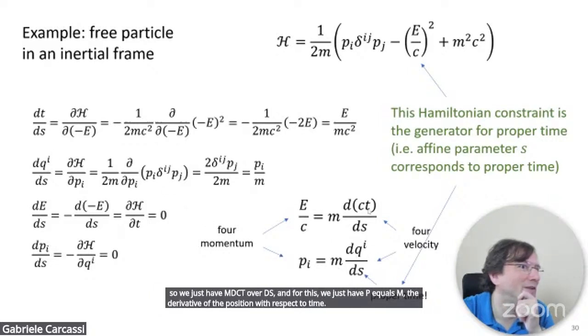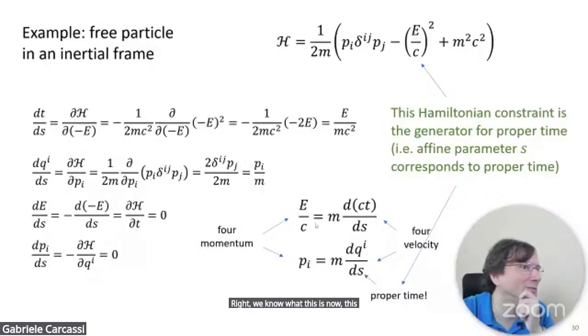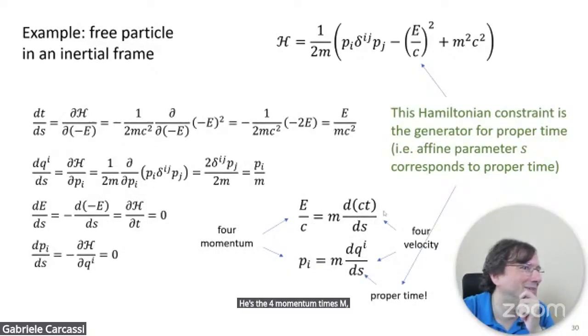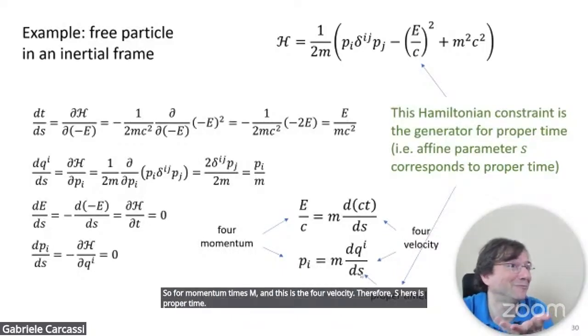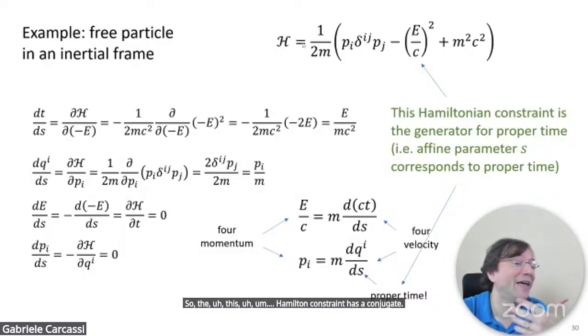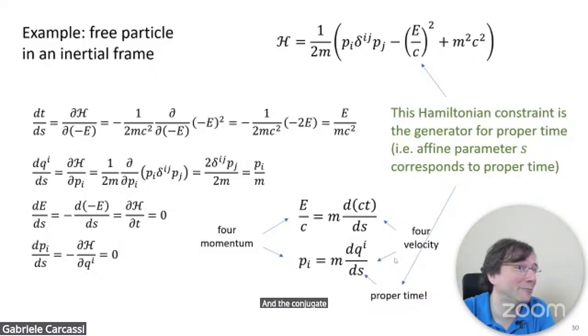Well, we know what this is now. This is the four-velocity, because this is the four-momentum: it's the four-velocity times m. Therefore, s here is proper time. So this Hamiltonian constraint has a conjugate, and the conjugate is proper time. And you can look at this.